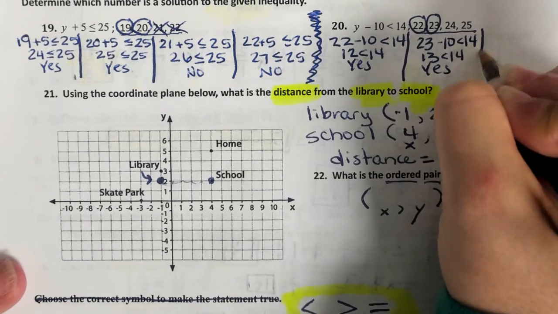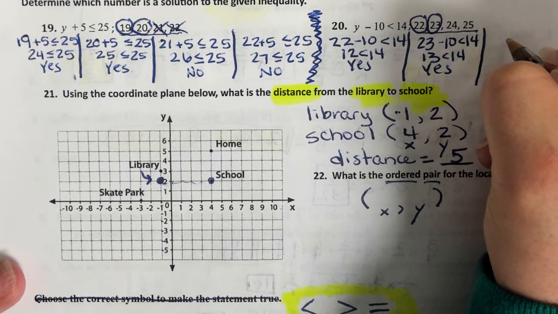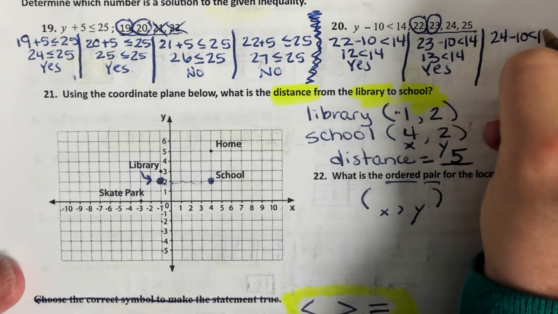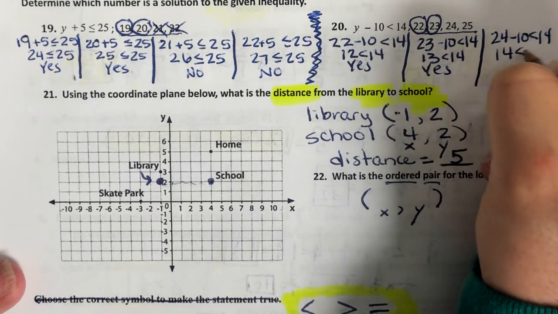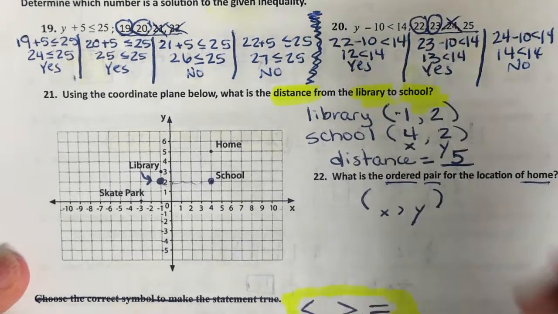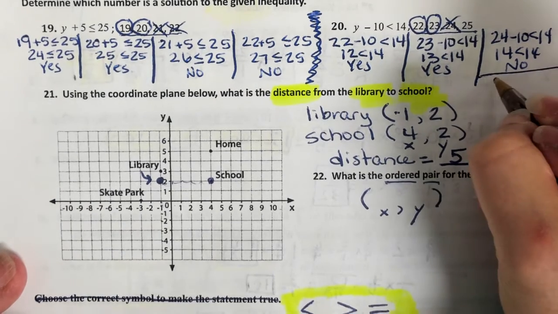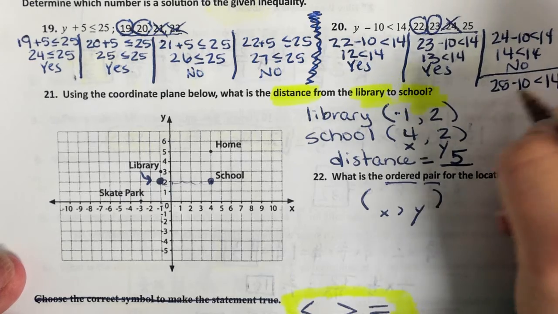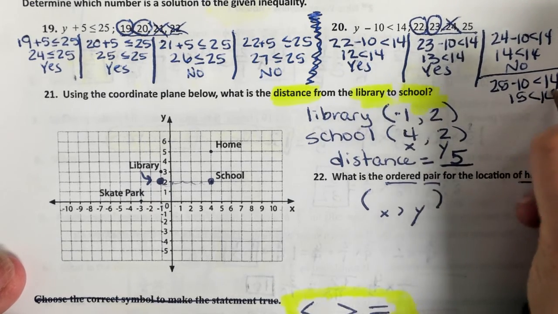Circle. Okay. 24 minus 10 is 14. Is 14 less than 14? No. Okay. And then, is 15 less than 14?